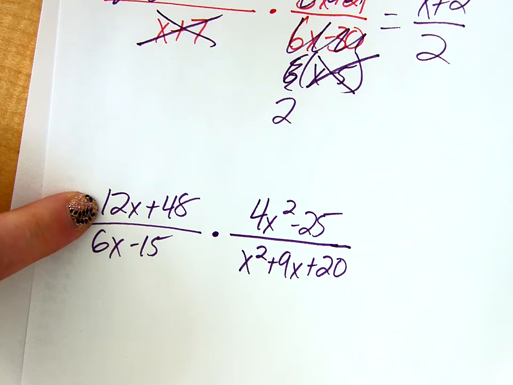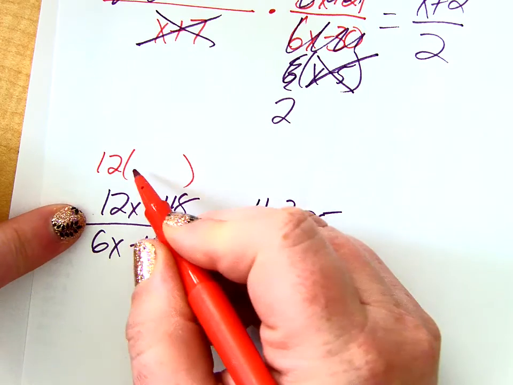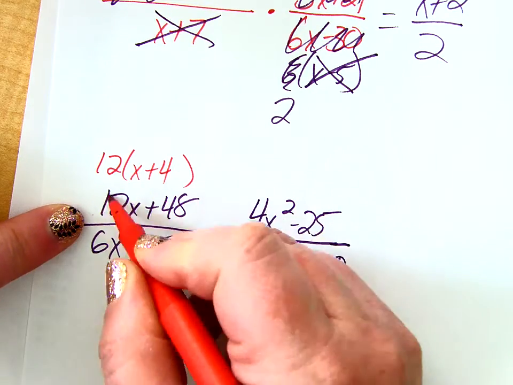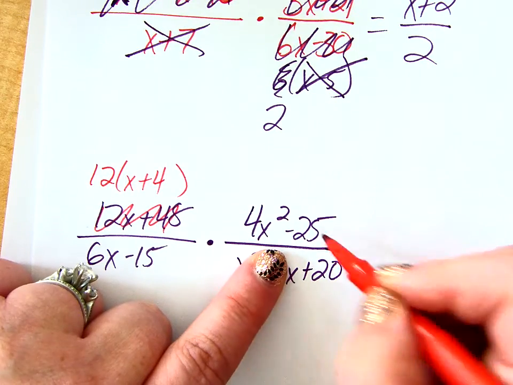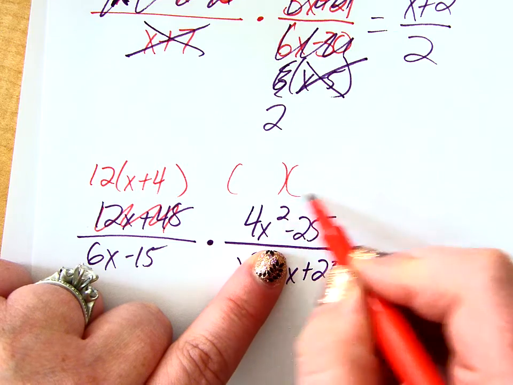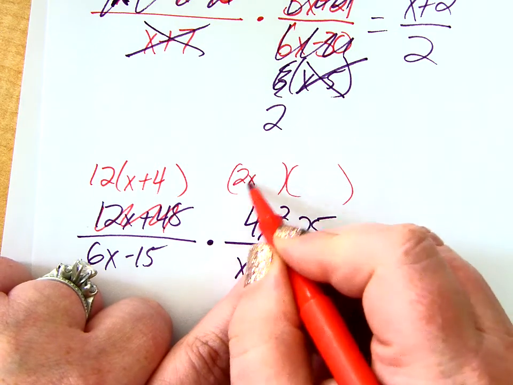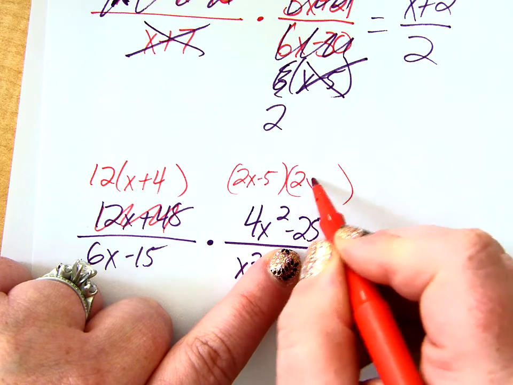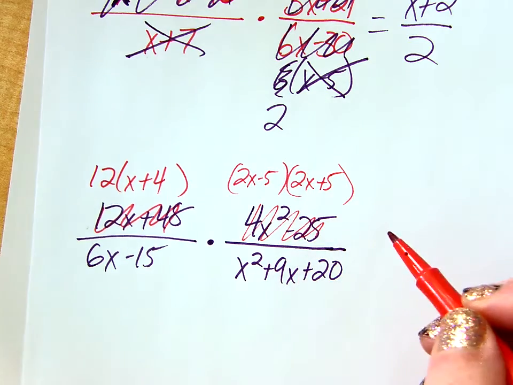What can you take out of the first one? 12. And what would we get left behind? x plus 4. Okay. This one, what does this turn into? That's the difference in two perfect squares. So you get 2x minus 5 and 2x plus 5. Okay? Those show up a lot, so make sure you're okay with those.